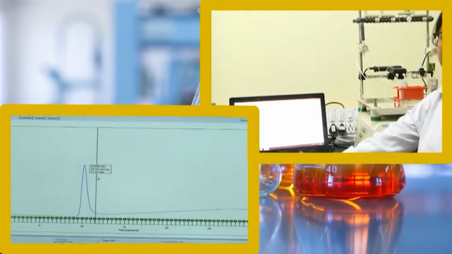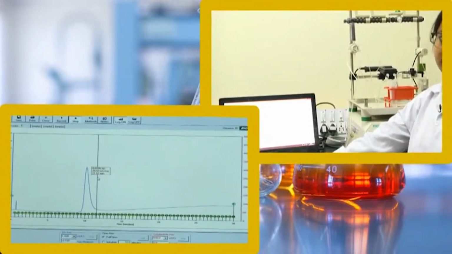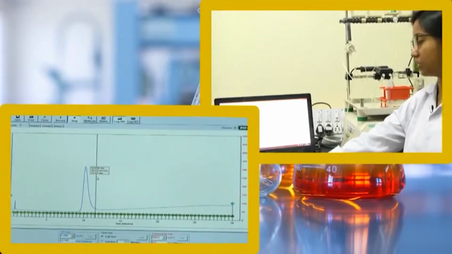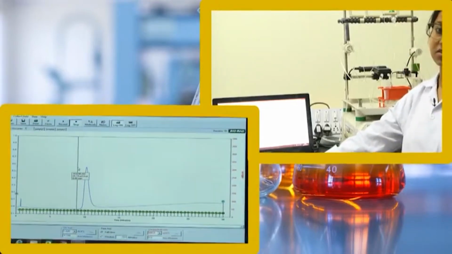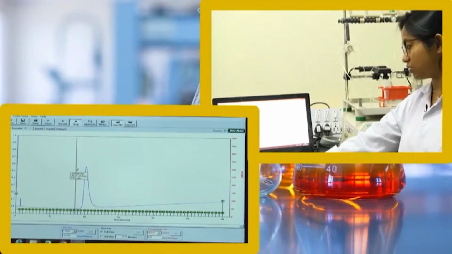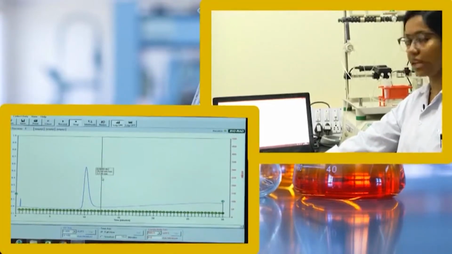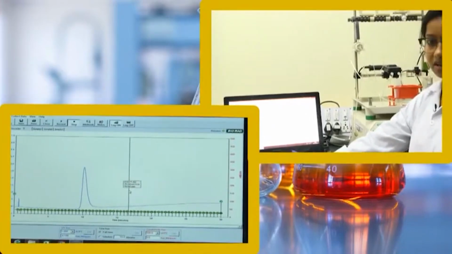It is around 40% of buffer B. So, 40% of buffer B means around 200 to 250 millimolar of imidazole. As I mentioned, 6 consecutive histidine residues need around 200 to 250 millimolar of imidazole to come off the nickel beads. So, this peak corresponds to our protein of interest.